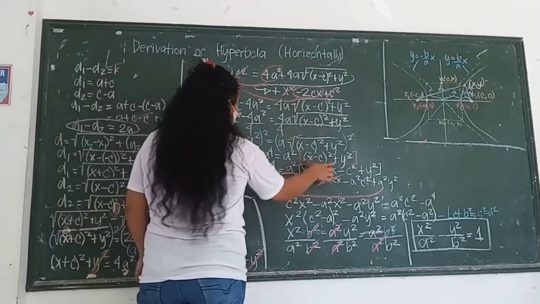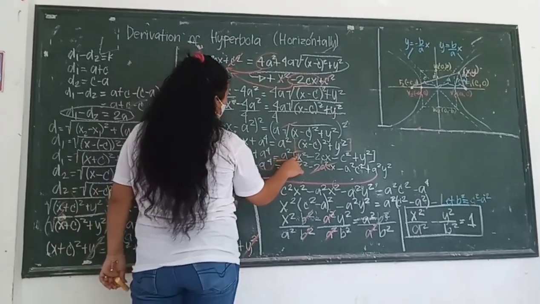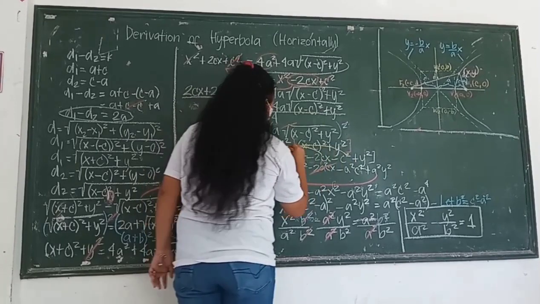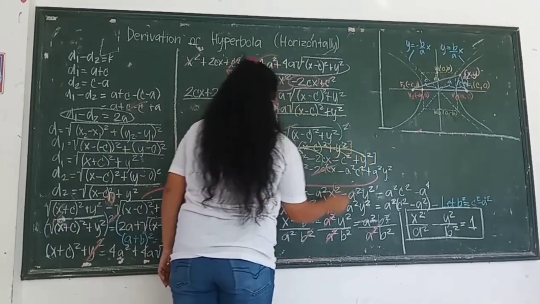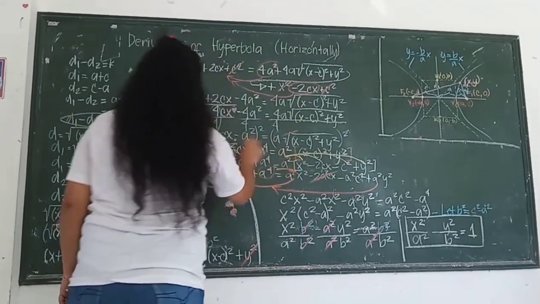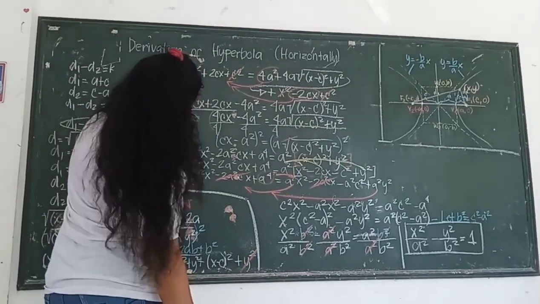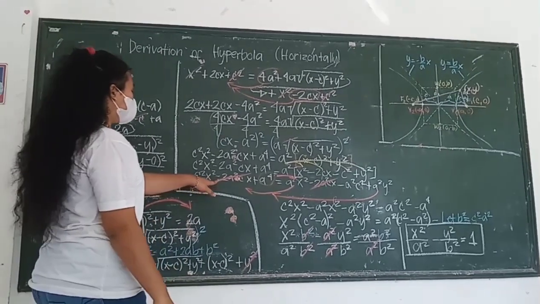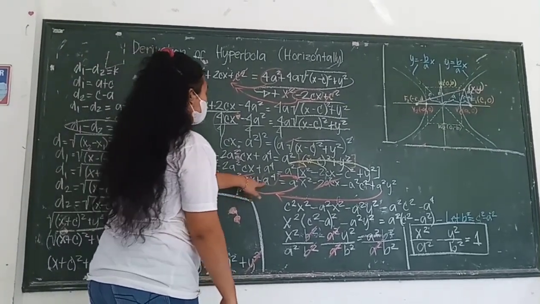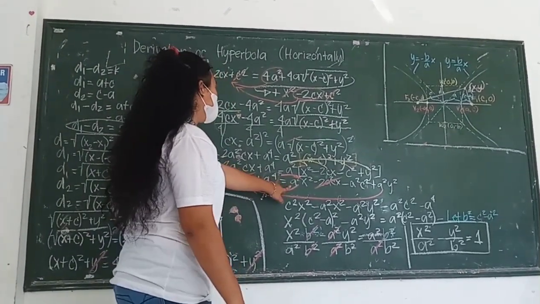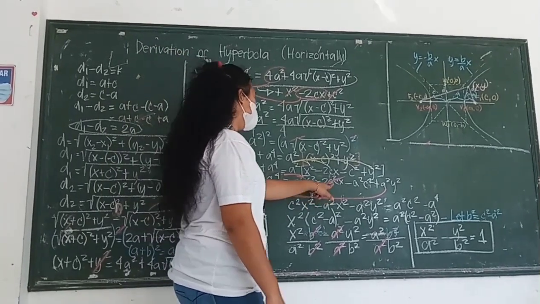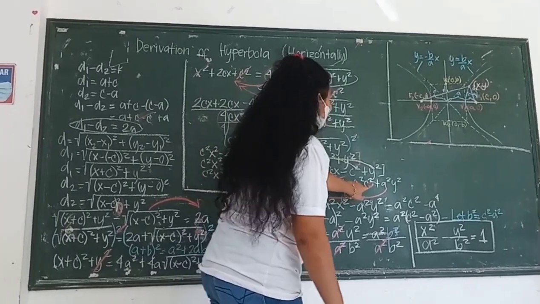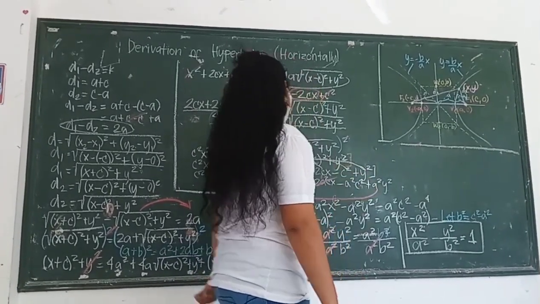I have expanded this one and used the distributive property. I distributed this a, so there wouldn't be any remaining. So c squared x squared minus 2a squared cx plus a to the fourth is equal to a squared x squared minus 2a squared cx minus a squared c squared plus a squared y squared.